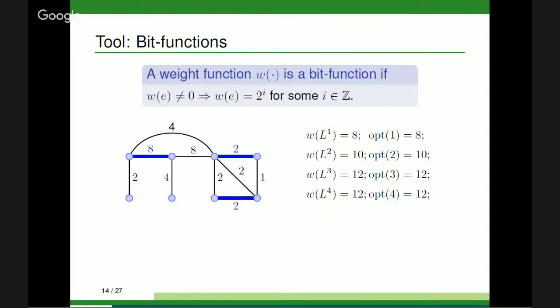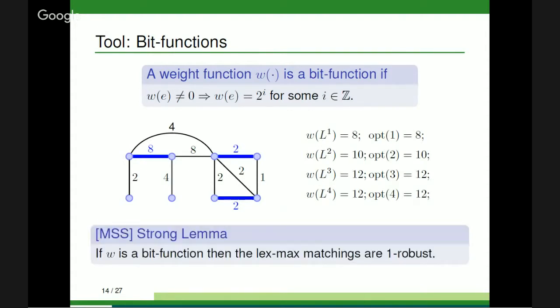So as I was telling, if the weights are powers of 2, we realize that Lex-max matchings are one robust, and actually that's true. That's our first lemma. For every weight function, so they have to be powers of 2 or zeros, Lex-max matchings are one robust.